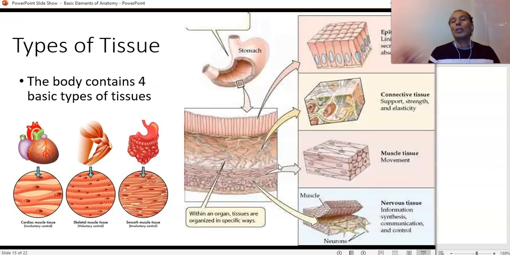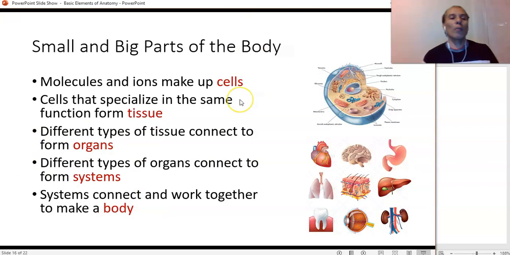Molecules combine together to form cells, living cells. And then cells combine together to form tissues. And tissues that are similar in function and nature combine together to form organs. And more than one organ combine together to make a system.